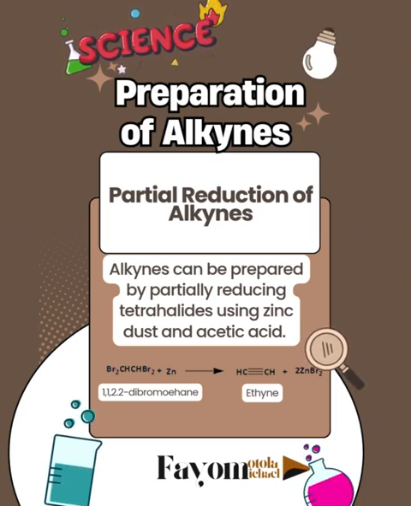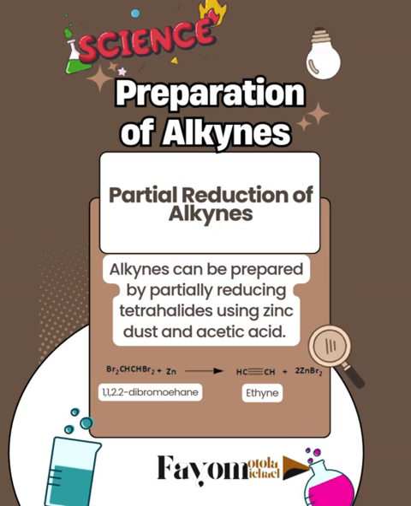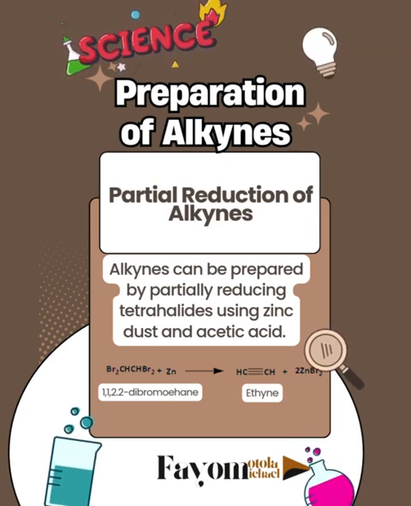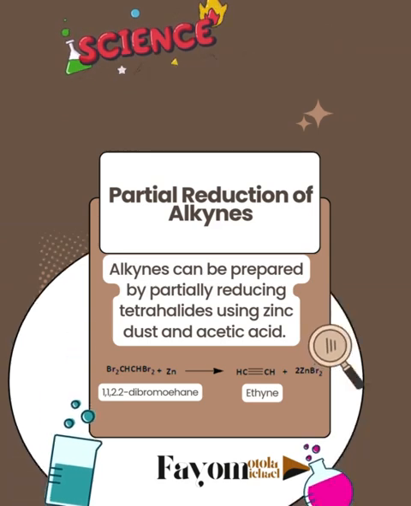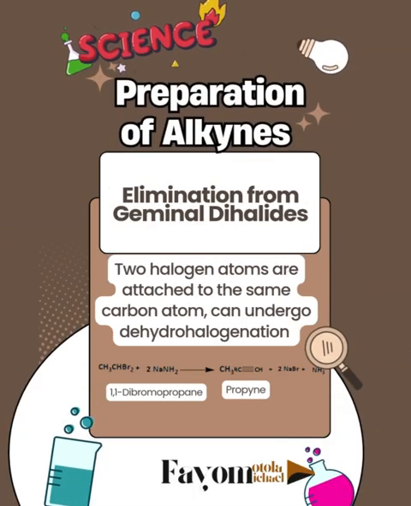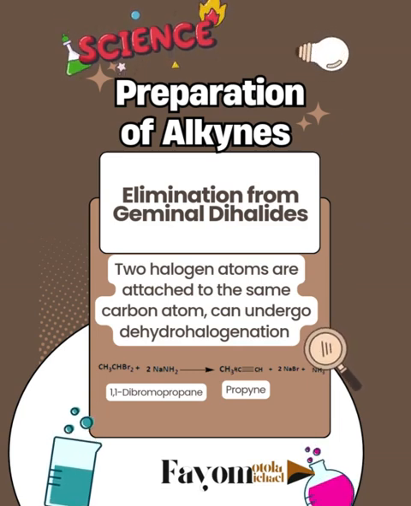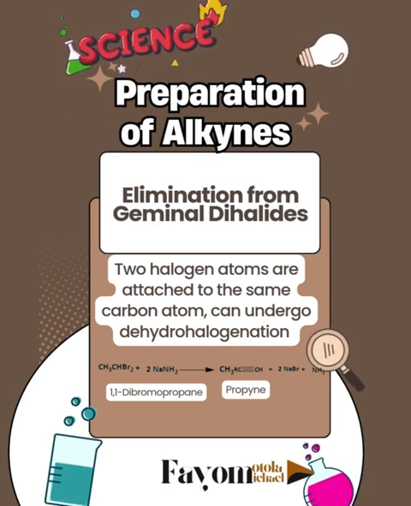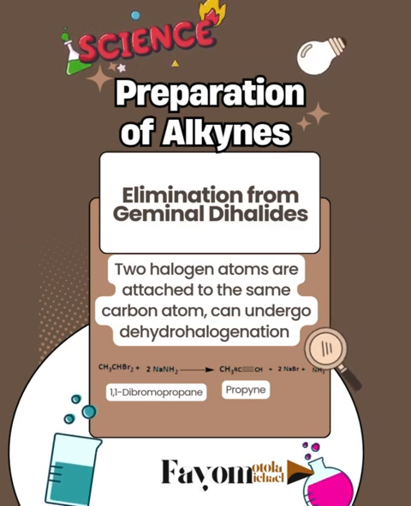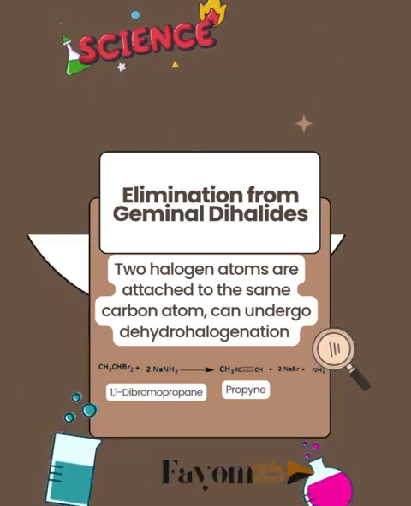Such a reaction involves tetrabromoethane to give ethyne. Geminal dihalides simply means where two halogen atoms are attached to the same carbon atom, and they can undergo dehydrohalogenation to yield alkyne when treated with a strong base.